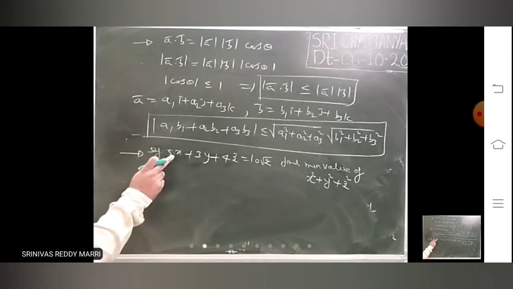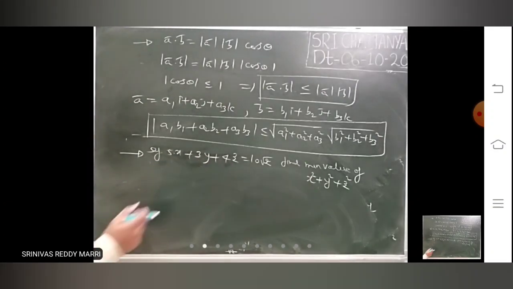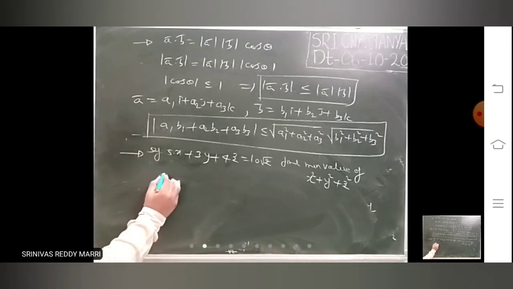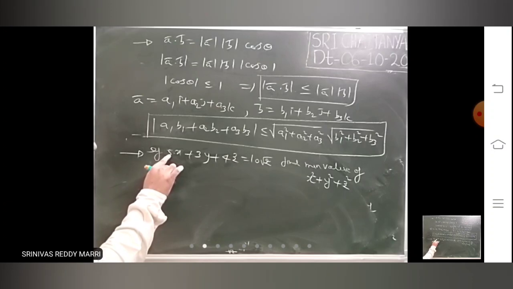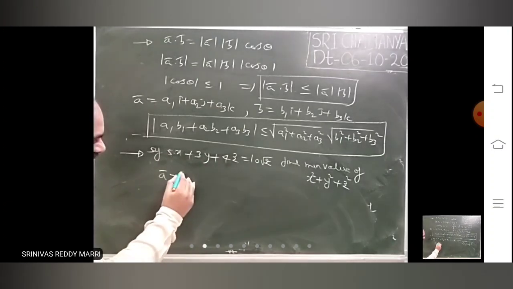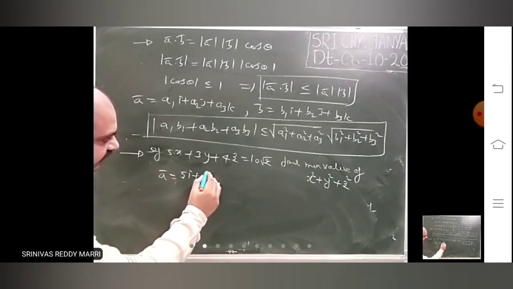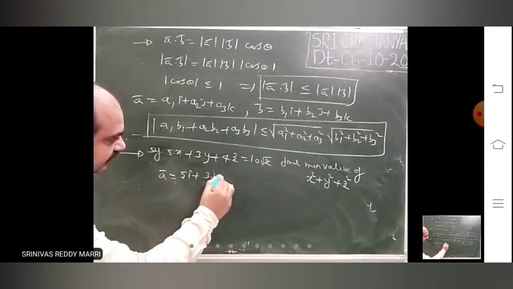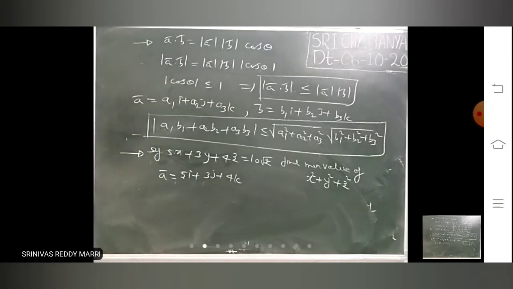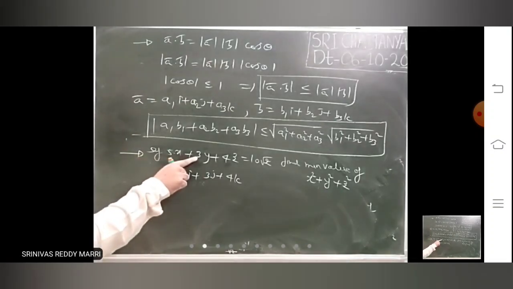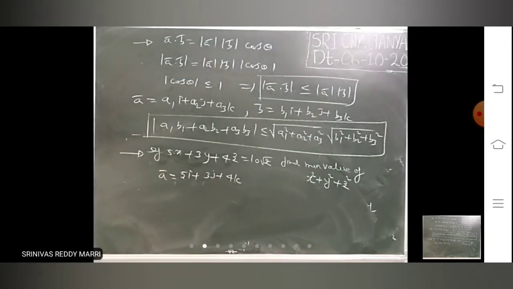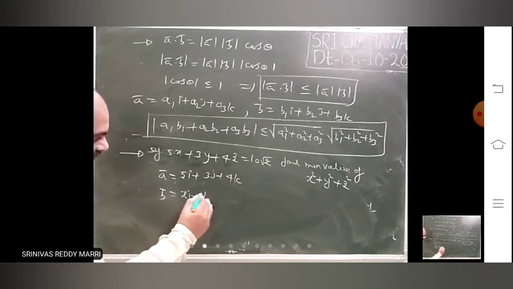So here a product of 2, product of 2, product of 2 is given. You consider two vectors. A bar equals the first numbers, 5, 3, 4: you consider one vector 5i plus 3j plus 4k, and another vector is the second numbers.